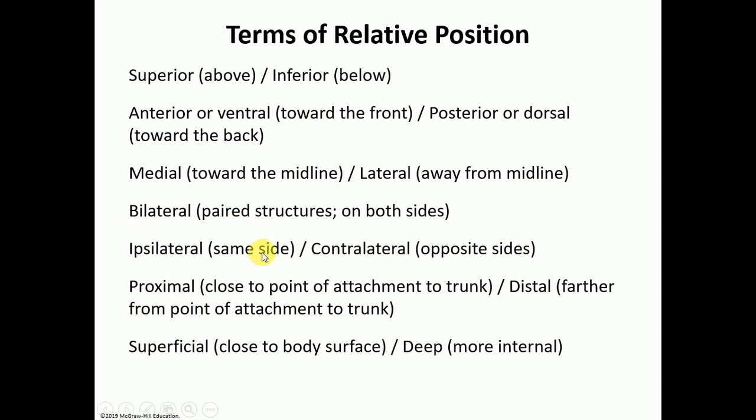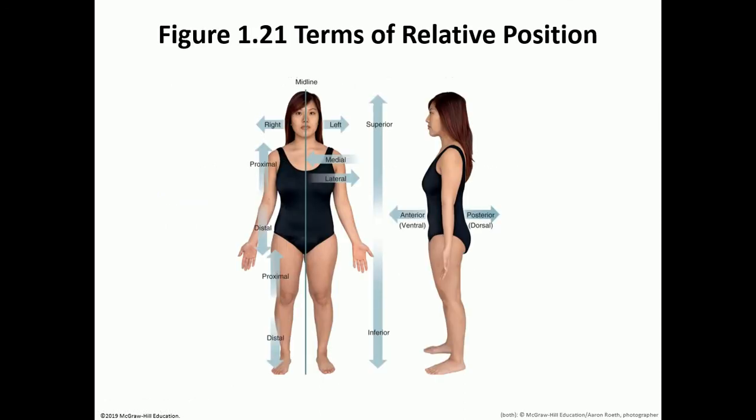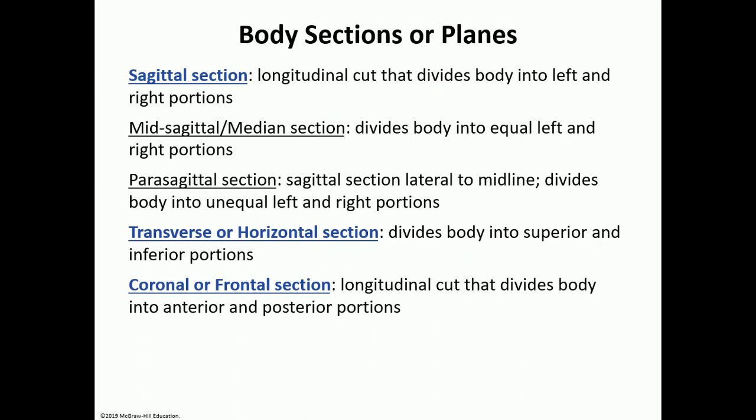Now for the different sections or planes, and we really use these when we are looking at, for example, x-rays or CTs or MRI scans, we want to be able to divide the body into different sections. So there is a sagittal section, and that sagittal section is a longitudinal cut that divides the body into a left and right portion. Okay.